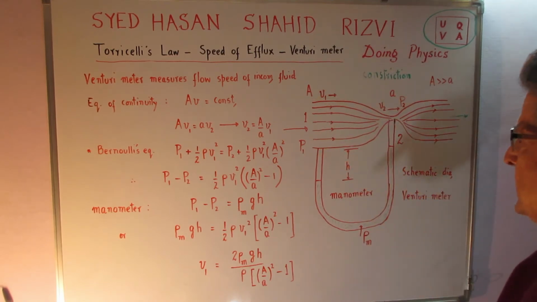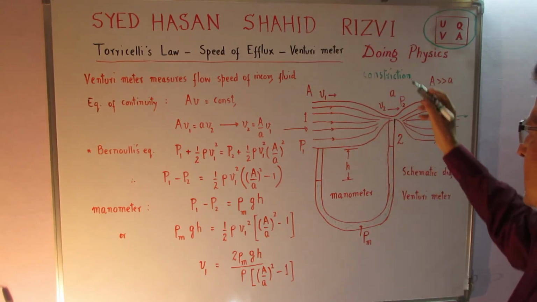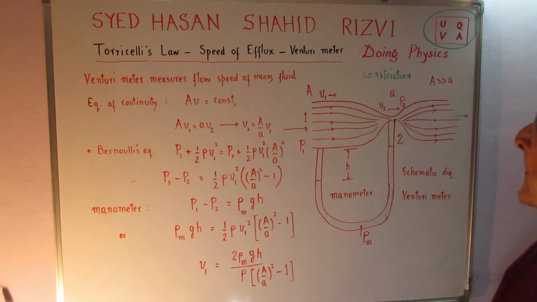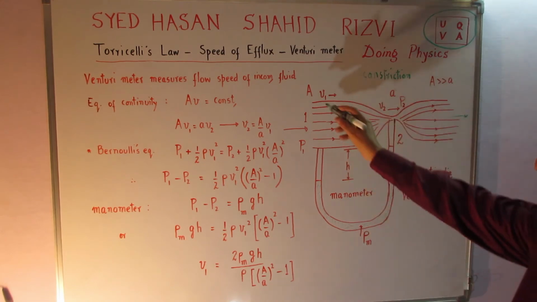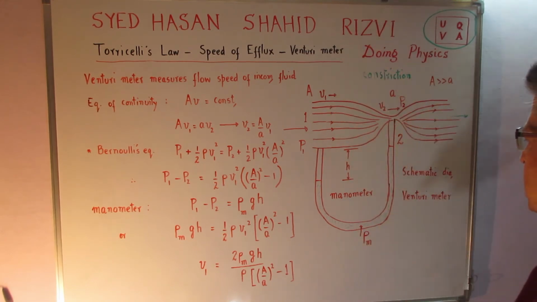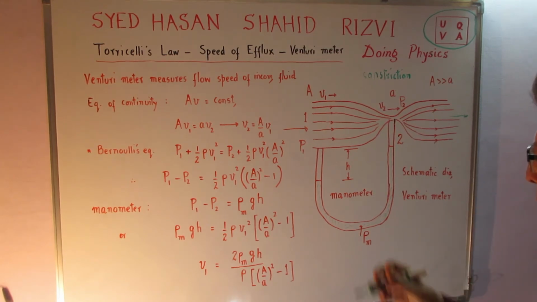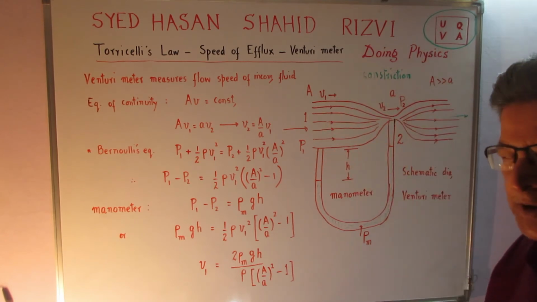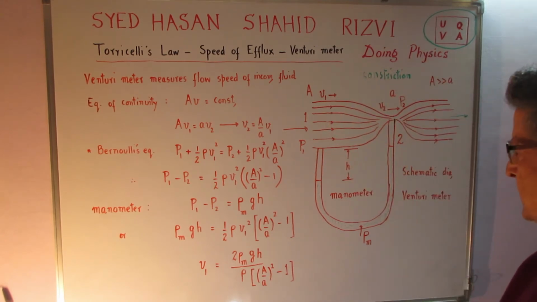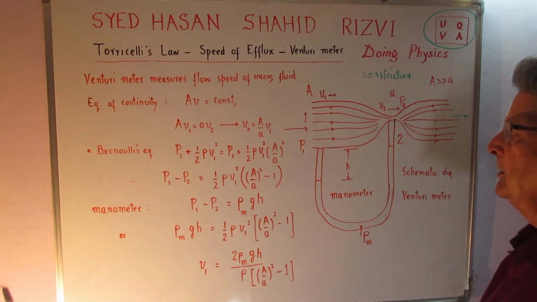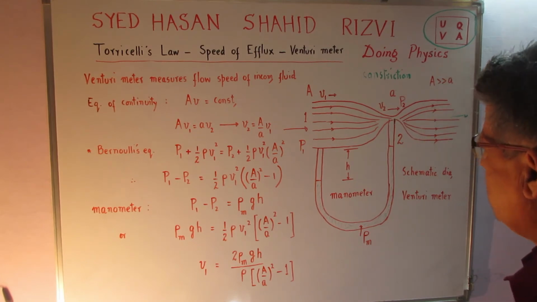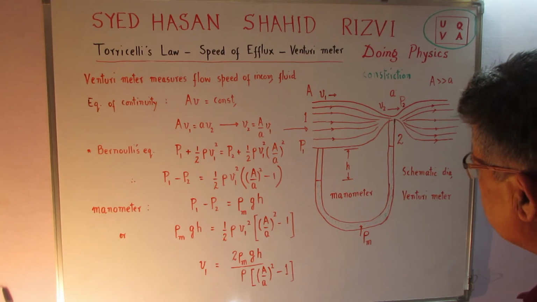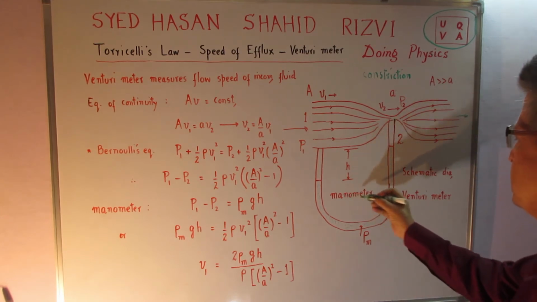At point number 1, the area of cross section is capital A, and at point number 2, the area of cross section is small a. The velocity here is v1, the velocity here is v2. Of course the pressure over here is p1 and the pressure that develops over here is p2. So this is a very simple arrangement, but there is an attached manometer.